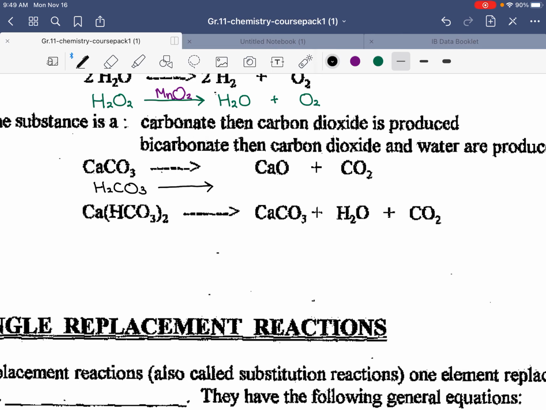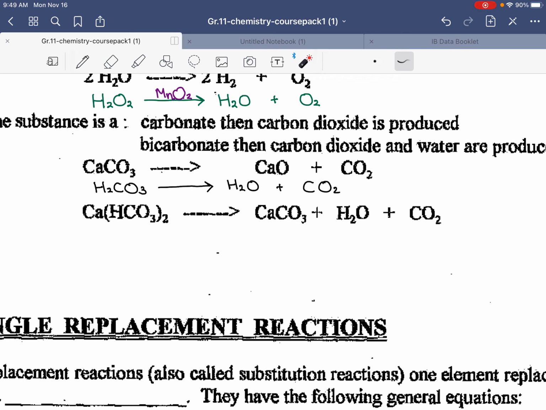And with hydrogen carbonate, it too wants to decompose. In fact, this reaction is quite spontaneous, especially when it's in our body. H2CO3 decomposes to give you H2O and CO2.